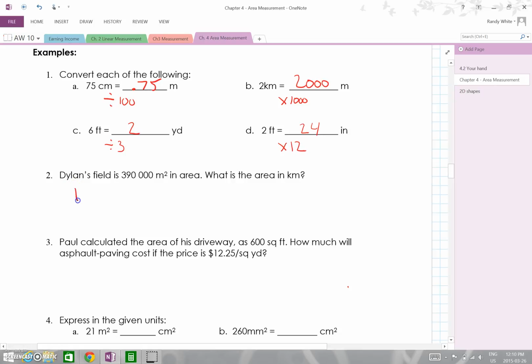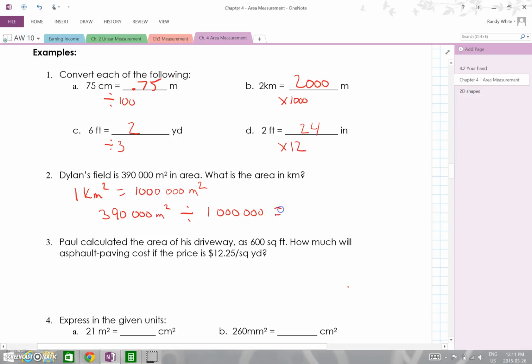So 1 kilometer squared equals 1 million meters squared. So what I want to do is take my 390,000 meters squared, and I'm going to divide that by 1 million.